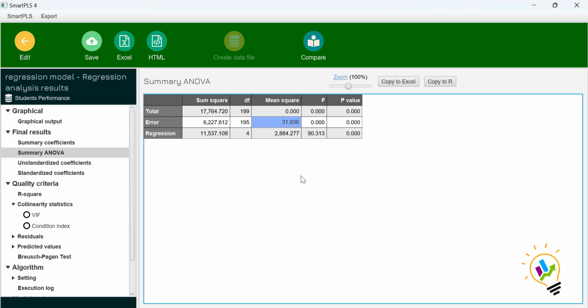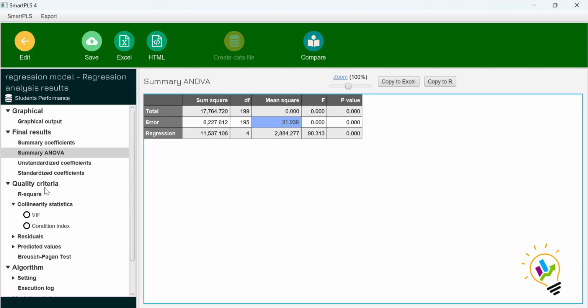This indicates that the independent variables in the model are able to explain a significant amount of the variance in the dependent variable. Overall, the results of the ANOVA table suggest that the independent variable in the model are significantly related to the dependent variable, and the model is a good fit of the data.